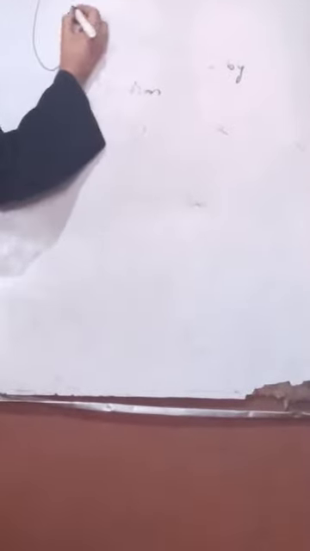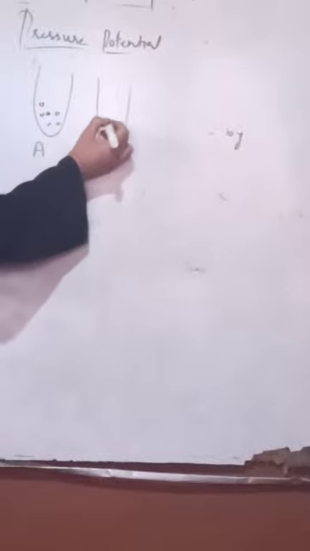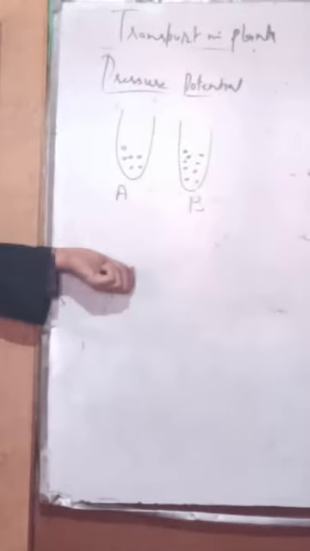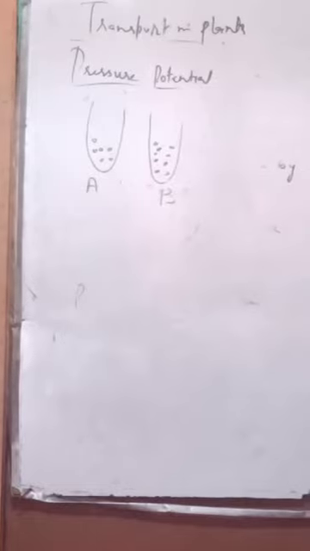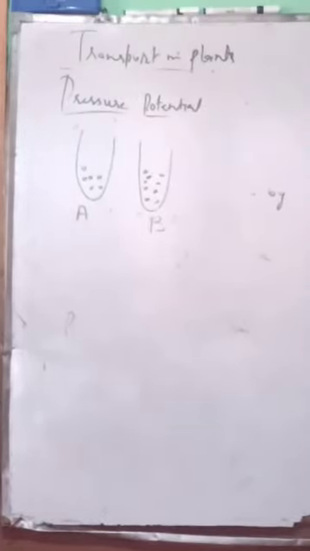So we will take, for example, two containers, A and B. There are molecules, and there are more molecules in case of B. Now we have to say, in case of two containers A and B, which has more water potential?